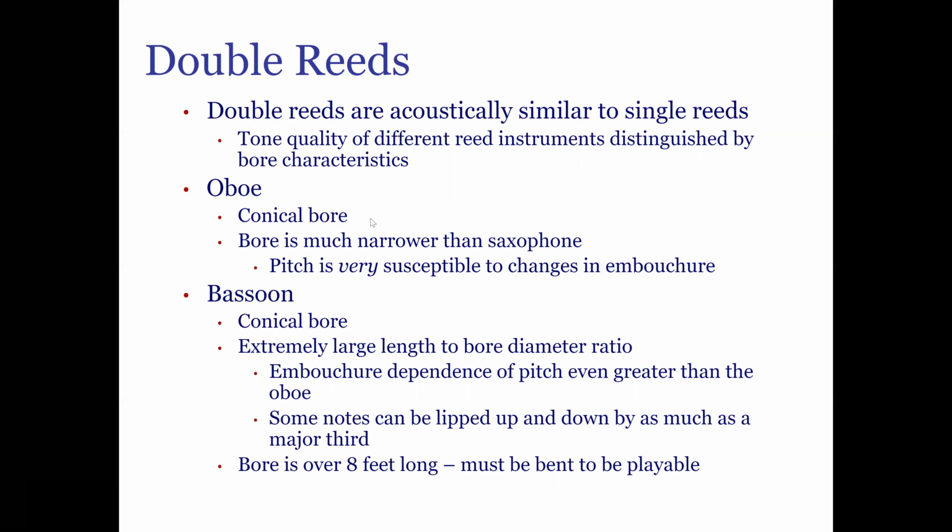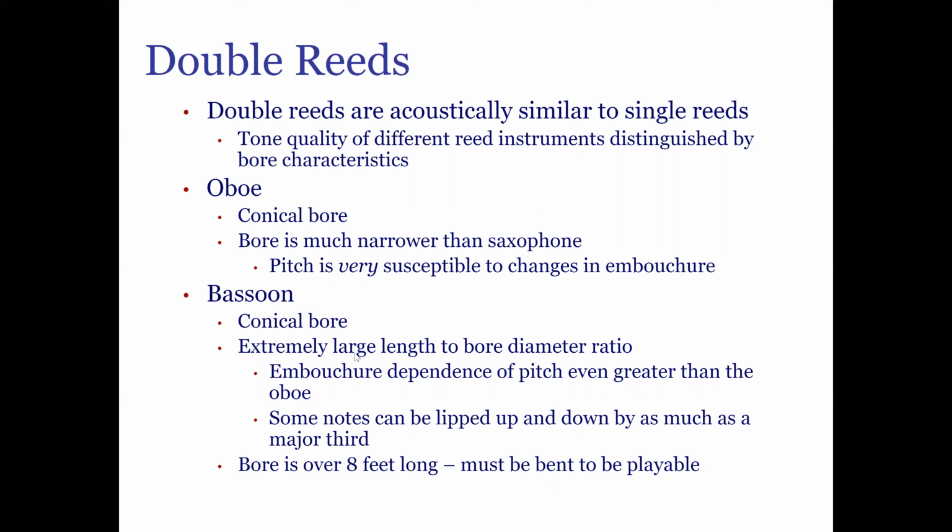Oboes are conical bore, but the bore is much narrower than the sax, and so the pitch ends up being very susceptible to changes in the embouchure, or the mouth position again. The conical bore nature of the oboe also lends the same kind of harmonic content, the richness that you get in a saxophone, but is missing in a clarinet.